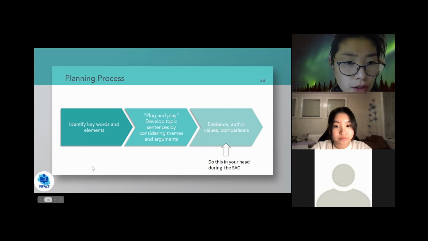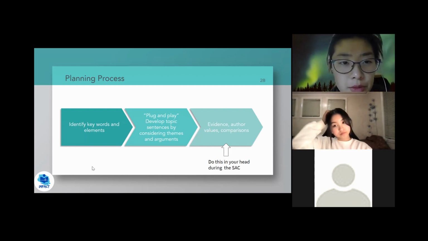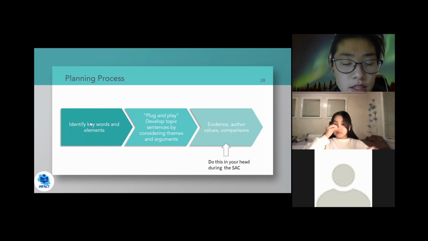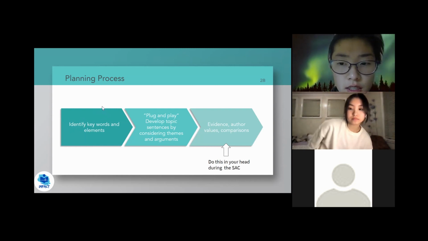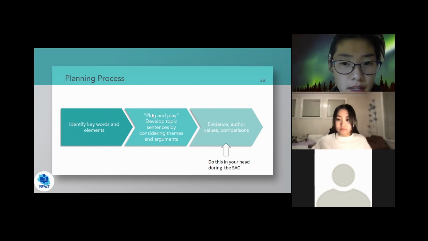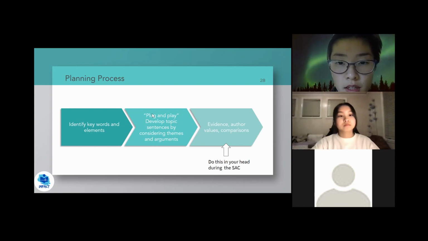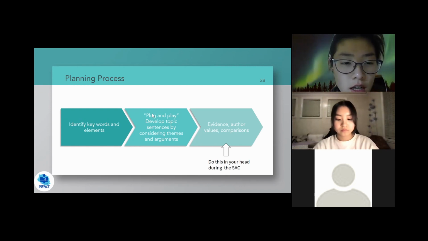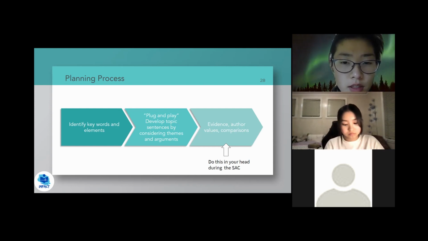All right, so we're just going to rewind and go back through the planning process for the comparative SAC. Essentially, we've tried to break it down into three key steps. Firstly, we want to identify the keywords, the elements of the essay topic.